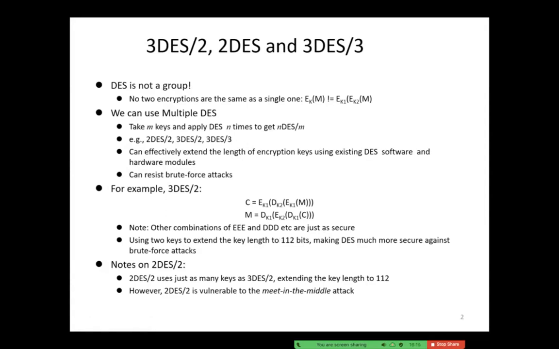All right, so using two keys to extend the key length to 112 bits would make DES much more secure against brute force attacks. But as we said, 3DES/2 was a common way to go using this combination of encryption and decryption.